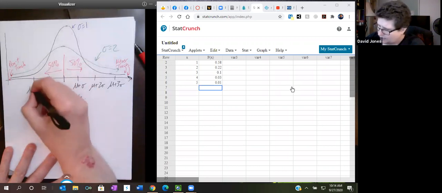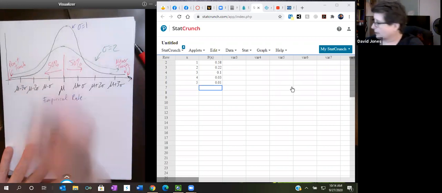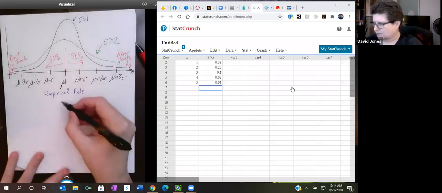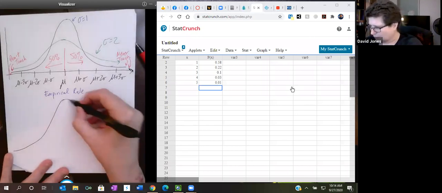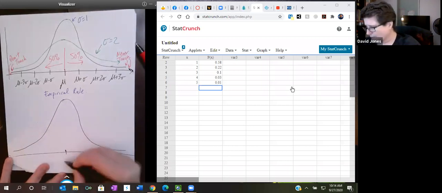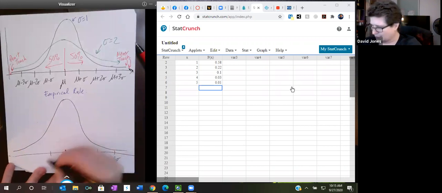Minus 1 sigma, minus 2 sigmas, minus 3 sigmas. To make it easier to illustrate down below, I'm just going to write the sigma values. So we got mu in the middle, plus sigma, plus 2 sigma, plus 3 sigma. Makes it a little bit clearer to see.